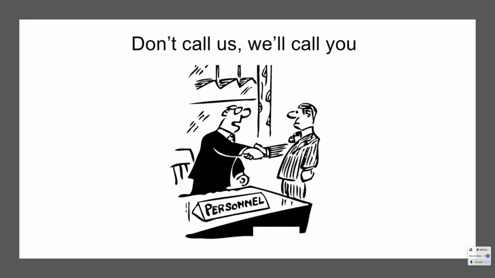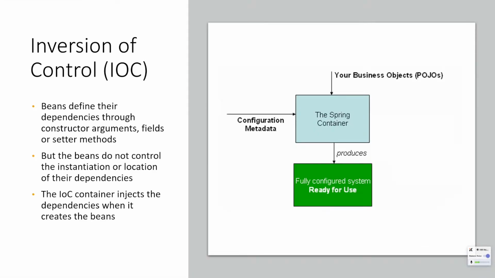The Spring Framework is a dependency injection framework, and in the early days of dependency injection, this principle was called inversion of control. So what is inversion of control? Inversion of control means that you have beans. In terms of Spring, a bean is a plain old Java object, so it's a lightweight component in contrast to the EJBs from J2EE.